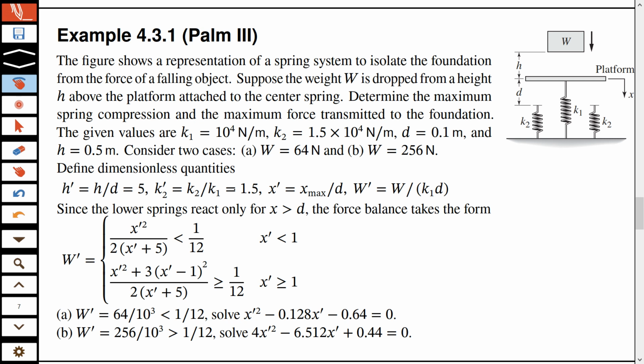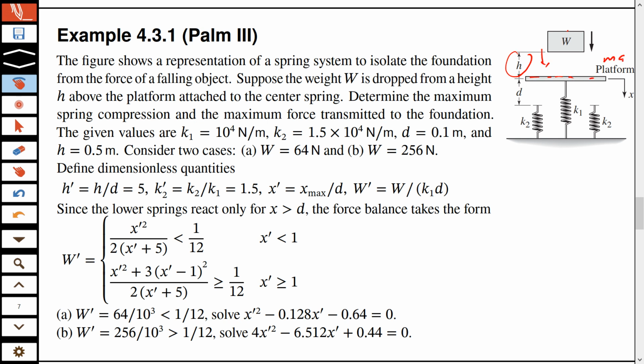So here is a complicated example. We have seen this before as well. You remember in that previous example, this h was 0, and this weight was placed on the platform. In this example, it's a bit more complicated. You have this weight at a height h, and it falls down and hits the platform.